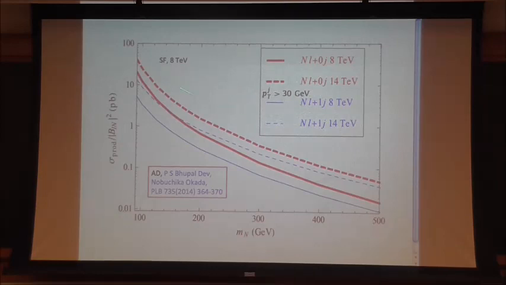We plot the cross section as a function of mass, and we use a PT cut around 30 GeV because this PT cut is used by the CMS paper, which we used for constraining our analysis.